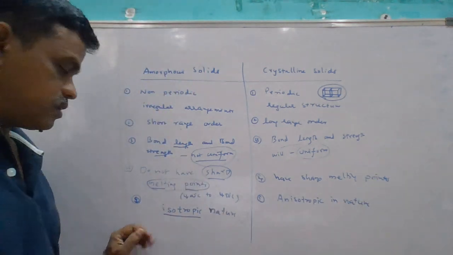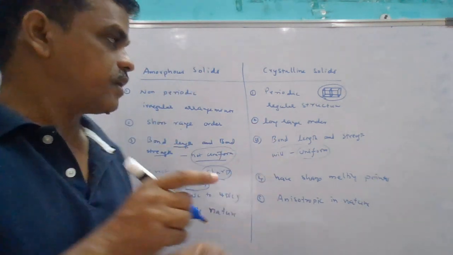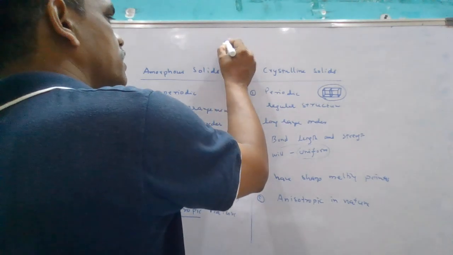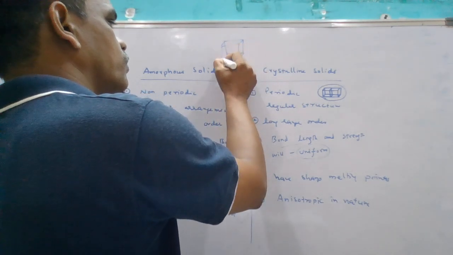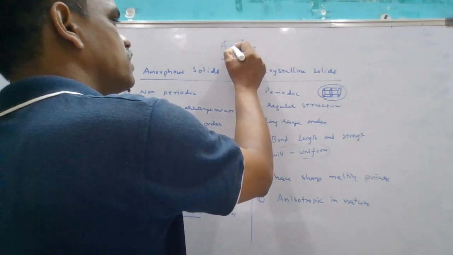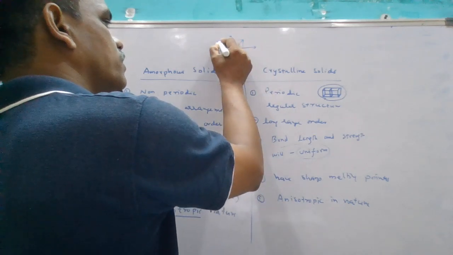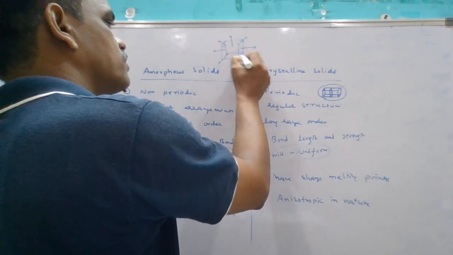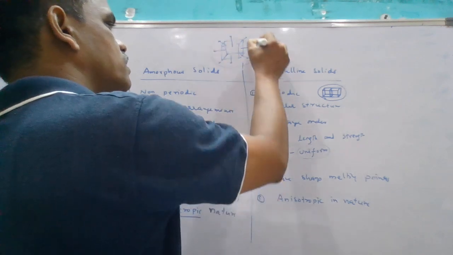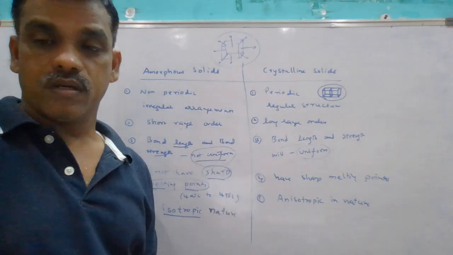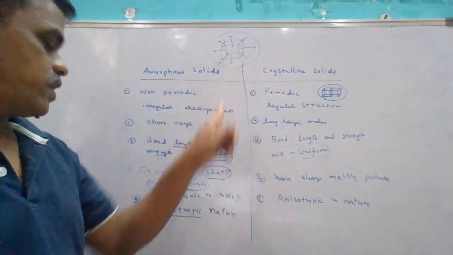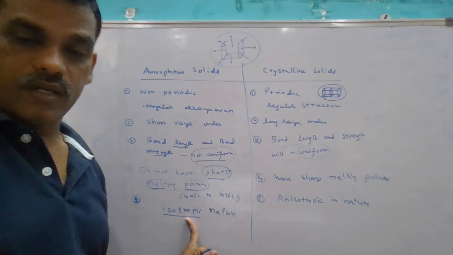Anisotropic nature. Isotropic means in all the directions. If you take a crystal of cube, for example, in all the directions, if the properties are the same, then we can say that is isotropic nature.